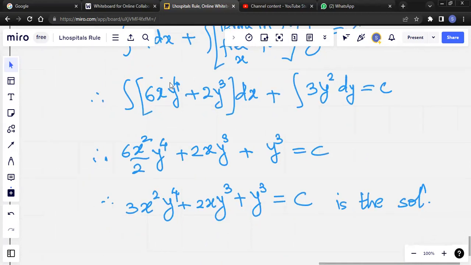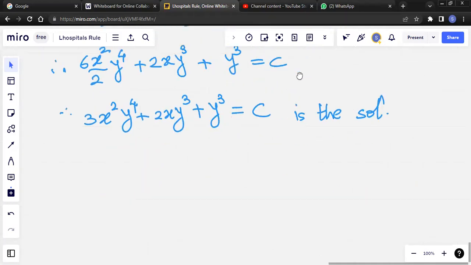Power of x is increased by 1, so 6x square divided by the same number 2 into y raised to 4 as it is, plus 2y cube times x, since there is no x here, the integration will be x times whatever you have. And here 3y square, we added 1 and divided by the number, it becomes y cube, equal to constant. So this is the solution of this differential equation.